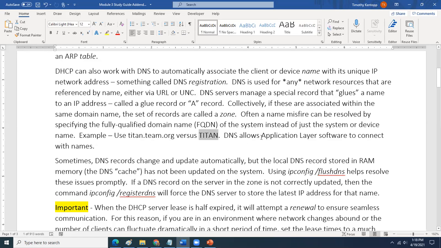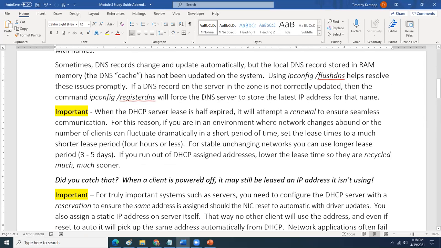The reason we're talking about this is as you're creating software for network applications, it's important for you to specify with your potential customers and users that you want them to use fully qualified domain names in order to reference those resources.